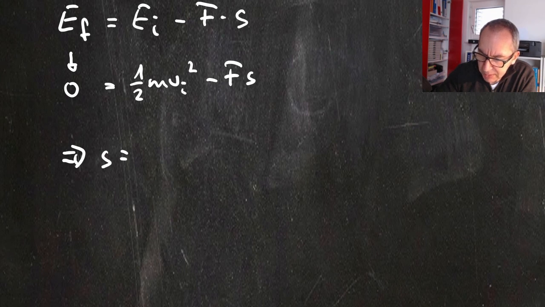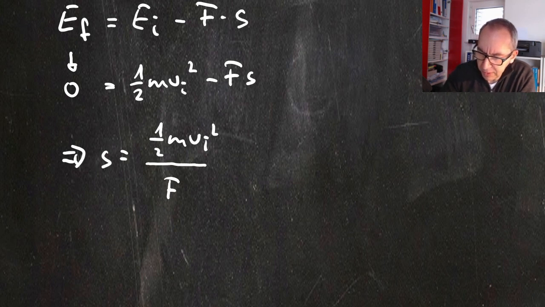which simply is 1/2 mv initial squared over F. So I put Fs here, this one, first to the left side, and then I divide by F on both sides. Let's put in the numbers.